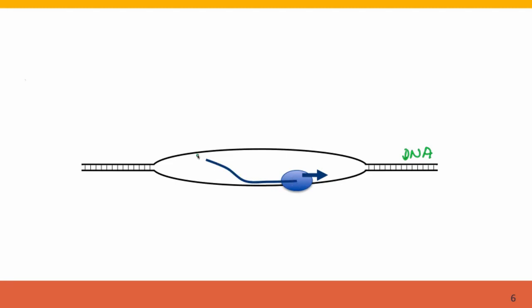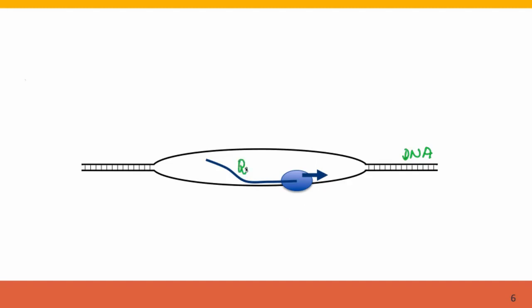The wavy line is representing RNA, and I've drawn it slightly thicker just to distinguish it from the DNA, and I've also drawn it kind of wavy. This helps us to remember that it's a different molecule, and I draw it wavy because RNA molecules are intrinsically more flexible, being single-stranded, than DNA molecules are.